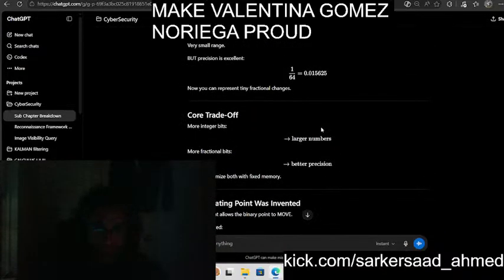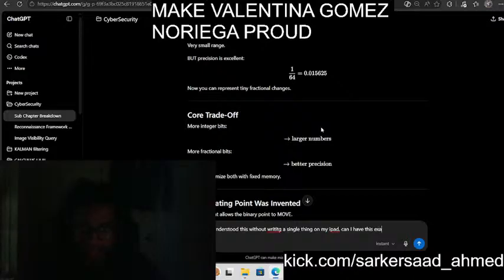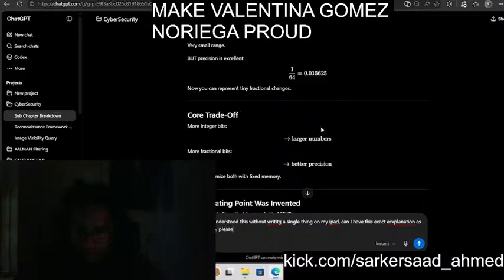Can we write this? I swear I understood this without writing a single thing on my iPad. Can I have this exact explanation as LaTeX code, please?